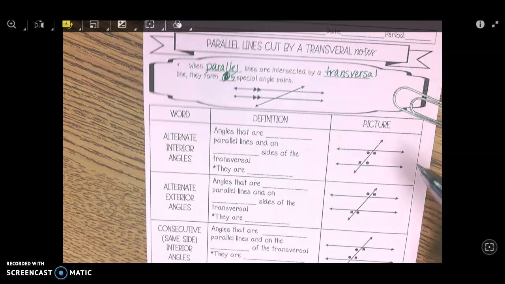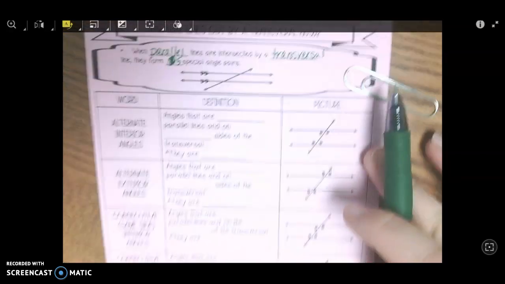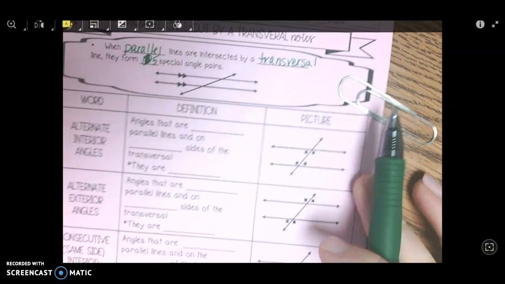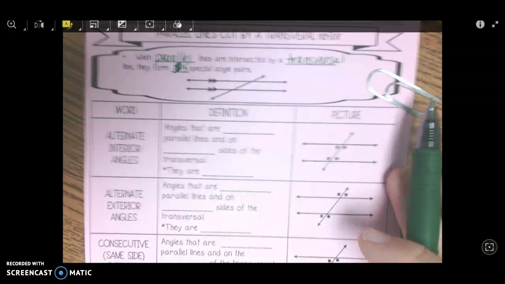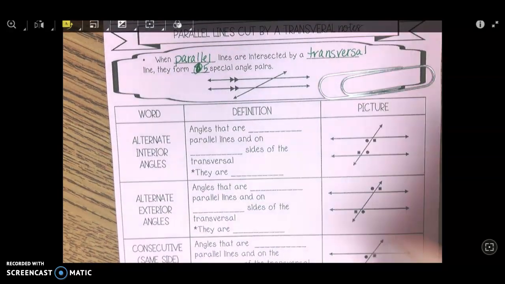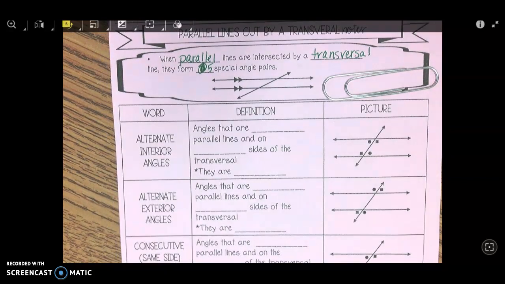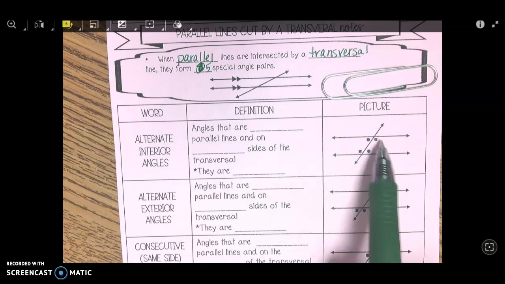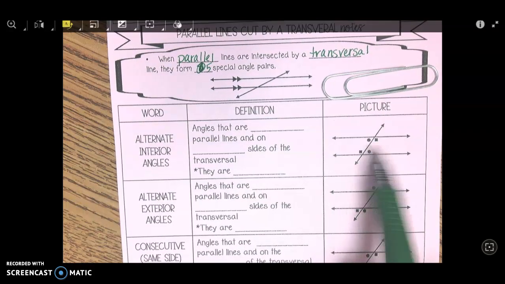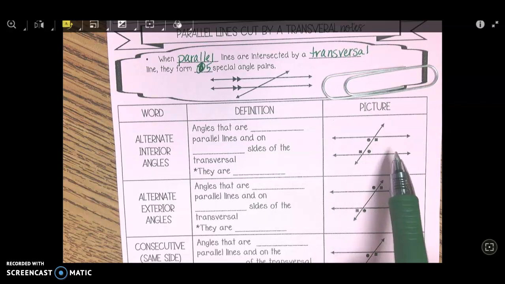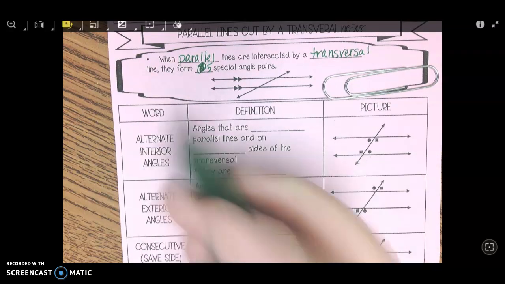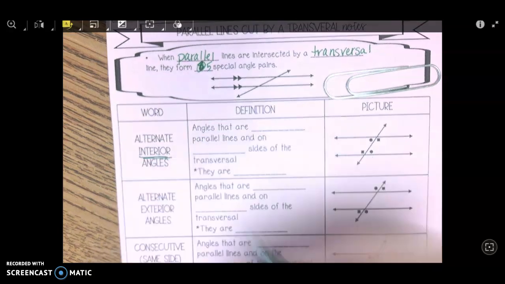Alternate interior angles. Can you see the picture here? So do you see that these little squares and circles are inside the two parallel lines? So these are alternate interior. That means they're on the inside.